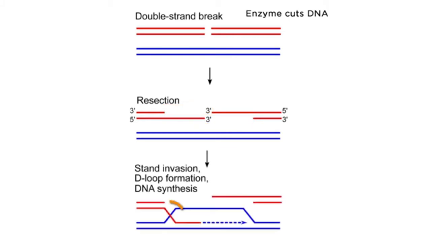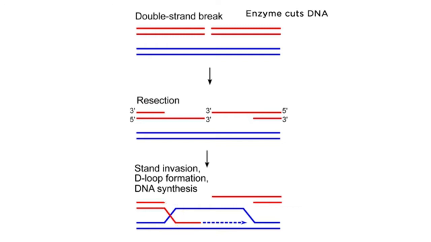Each of these 3' ends then invades a neighboring DNA molecule that is intact, finding matching sequences to pair with and displacing the original partner of the intact DNA. This creates a bubble in the intact strand called the displacement loop, or D-loop.